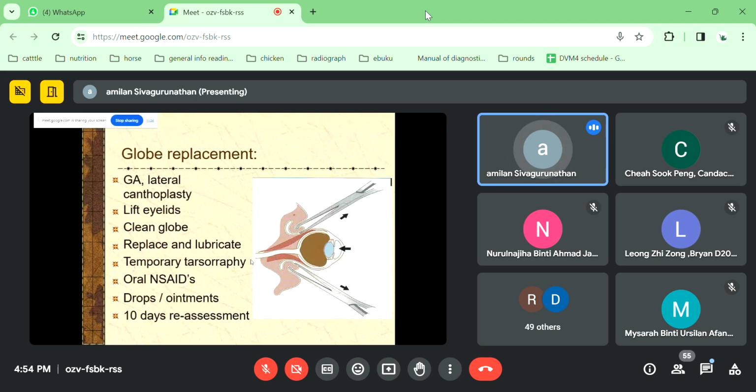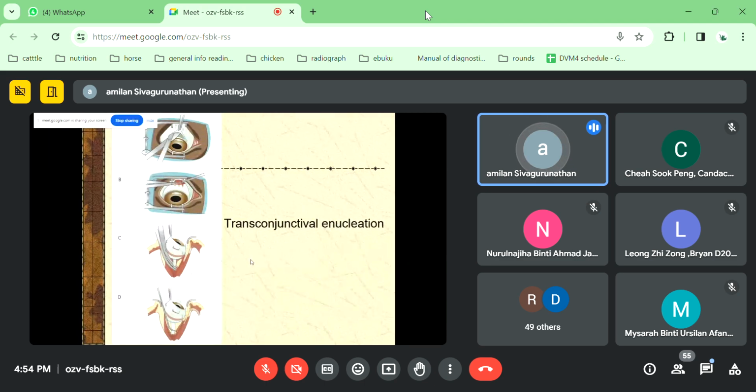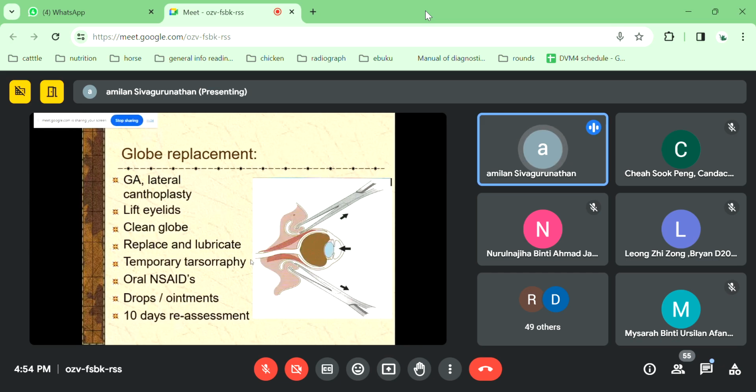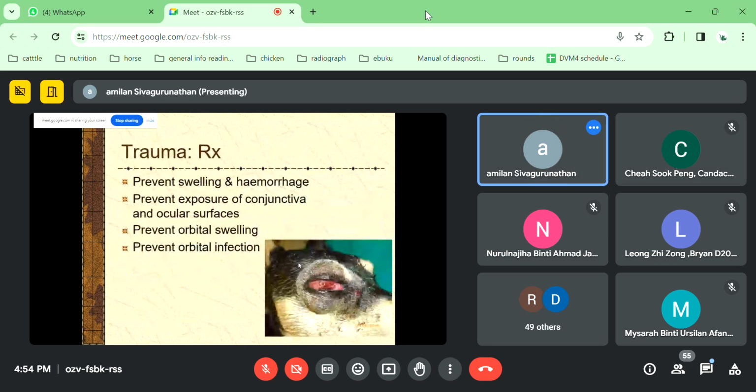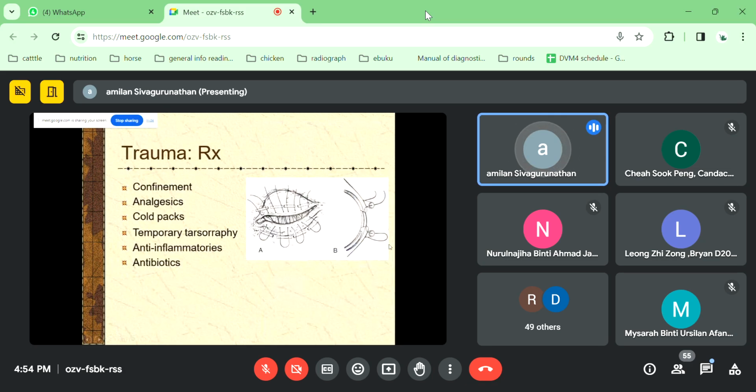Once the globe is in the socket, then we place a suture on the eyelid margin as we would do here. Then you place sutures on the eyelid margin, horizontal mattress, keeping the sutures away from the eye, and then you bring the eyelids close.